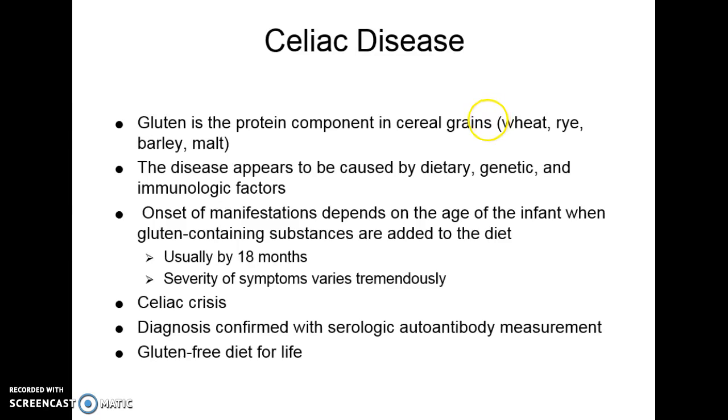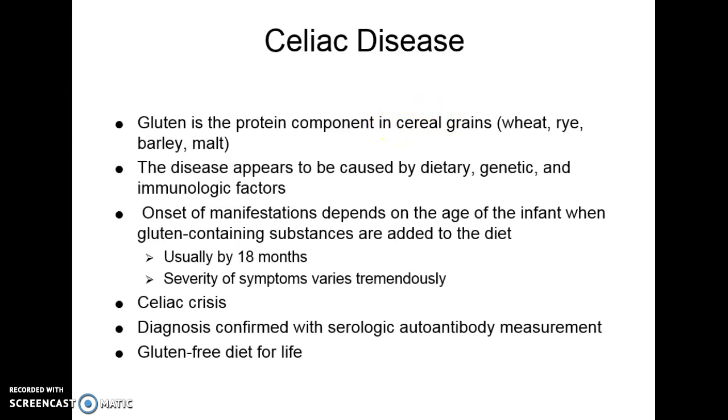So it can be due to autoimmune issues, and what ends up happening is because of that autoimmune process, there's loss of the villus epithelium, and so therefore you have a lack of absorption of the material from the food.